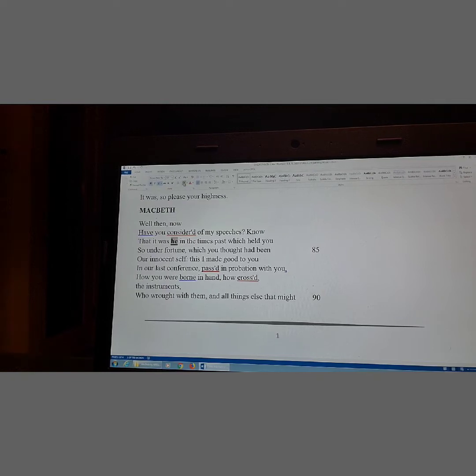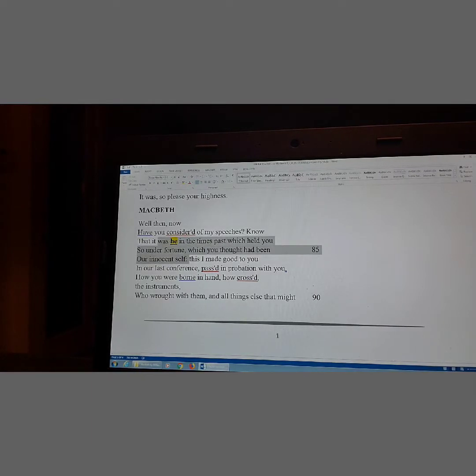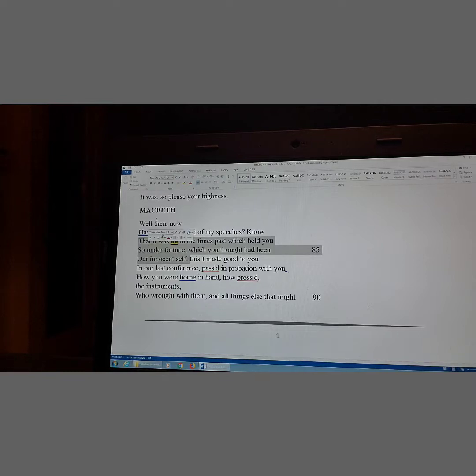They're here to kill Banquo. So the he is Banquo. So it was he in the times past which held you under fortune, which you thought had been our innocent self. All right. So think about this. What is Macbeth saying here? And he says it was Banquo in times past which held you under such fortune.